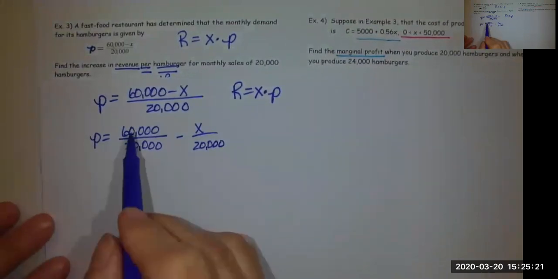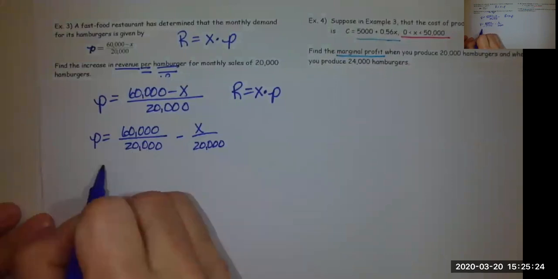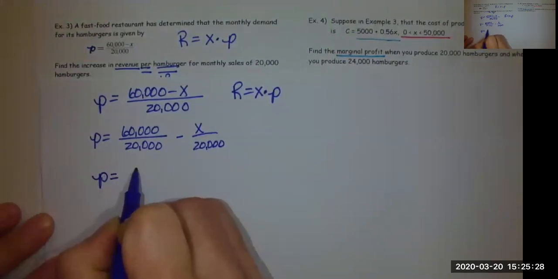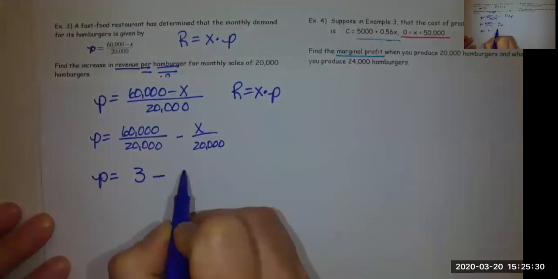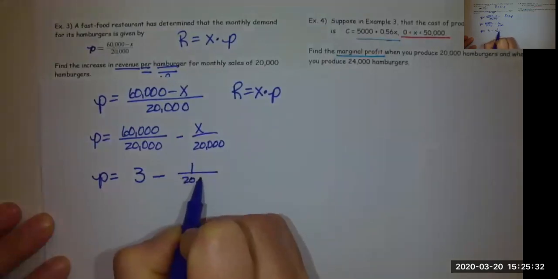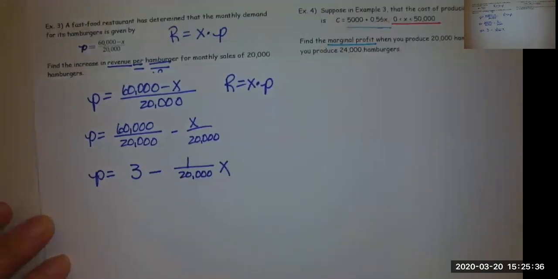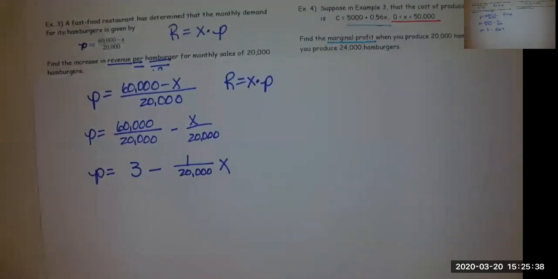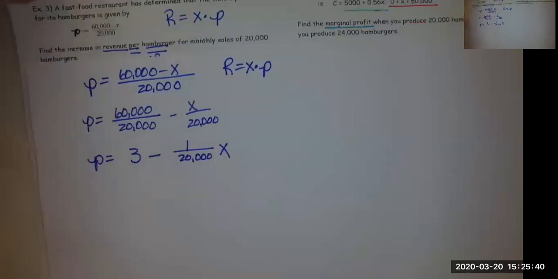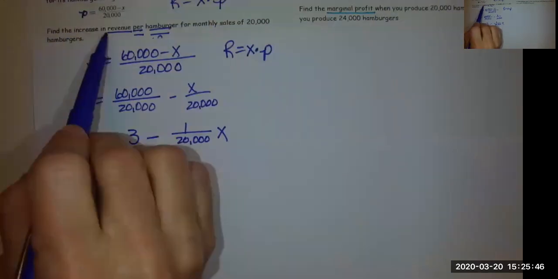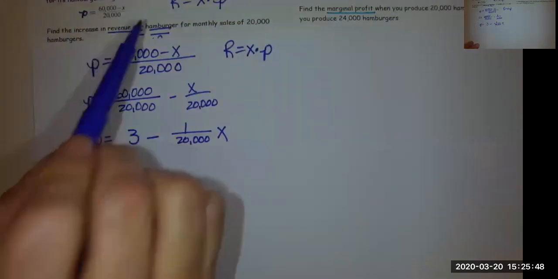We can, and now this looks a lot better because 60,000 divided by 20,000 is simply 3. Now we can rewrite the other part as 1 over 20,000 X. We could just leave that. These numbers are going to clear up in a second, so don't worry about that scary 1 over 20,000.